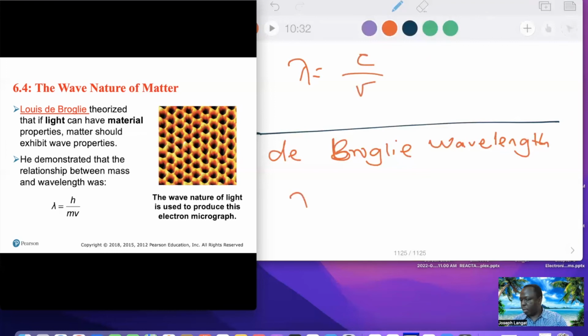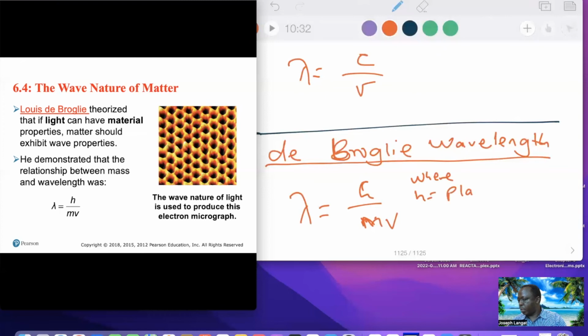And then this is called the de Broglie wavelength, lambda equals h over mv, where h is Planck's constant, m is mass in kg, and v is not frequency but velocity. This is speed in meters per second.